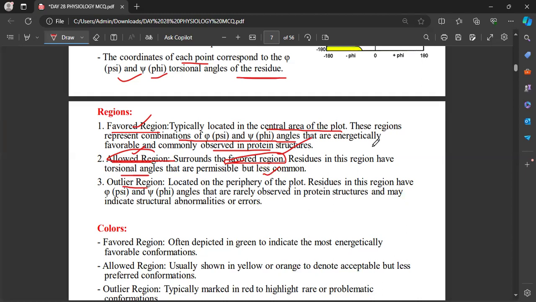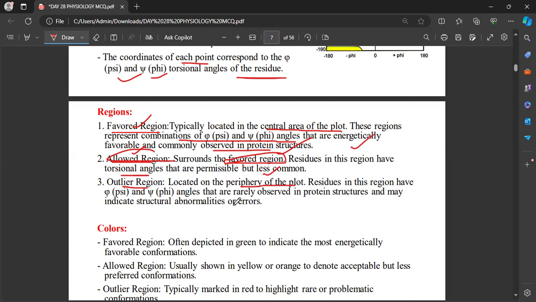In the favored regions, the protein structures are commonly observed, but in the allowed region it is less common. The outlier region will be the periphery of the plot. Periphery of the plot means the surface of the plot.